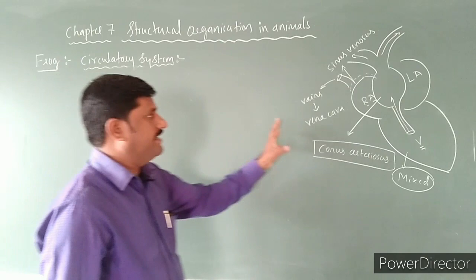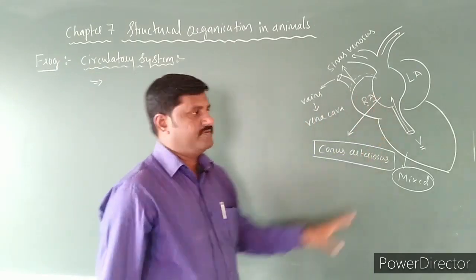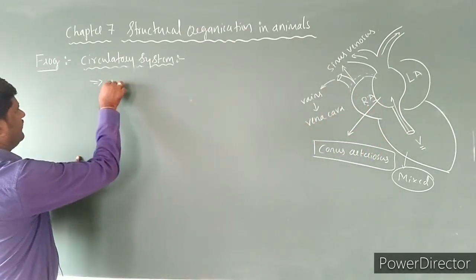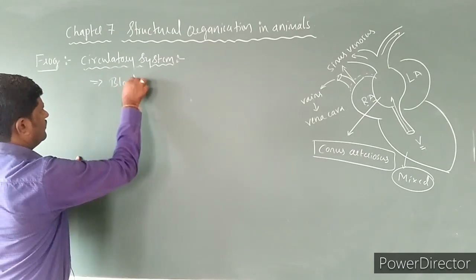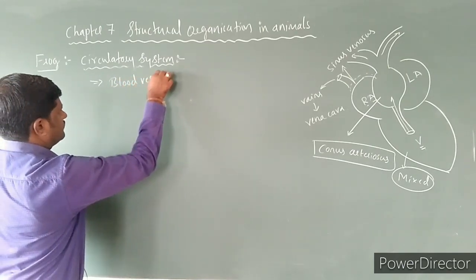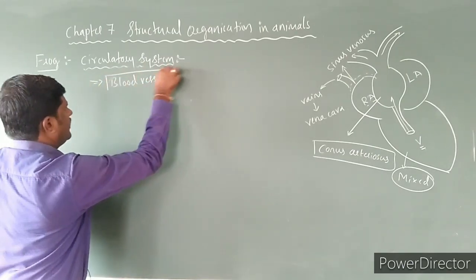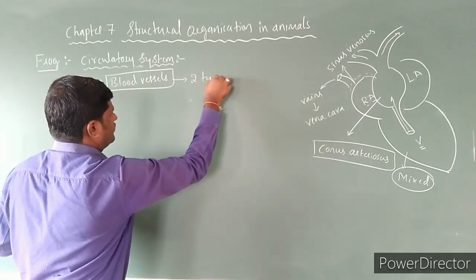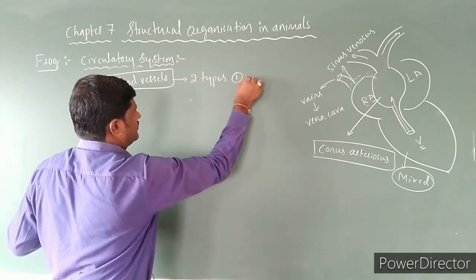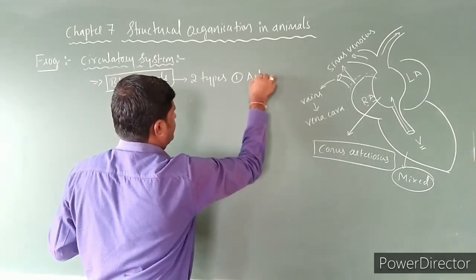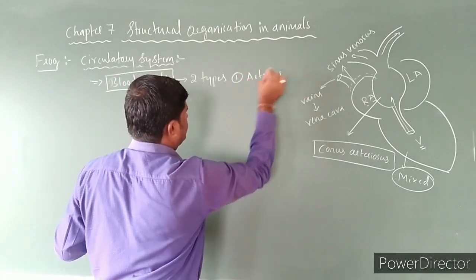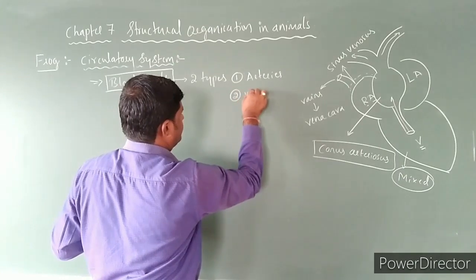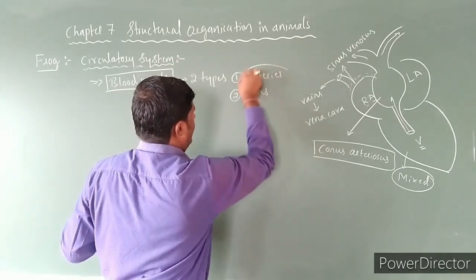So this is mixed blood that is pumped in the body of these animals, right? And this circulatory system, especially the blood vessels that we come across. There are two types of blood vessels. One is arteries, and the second one is veins.